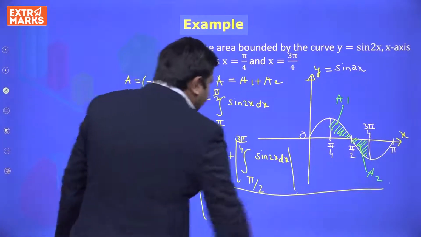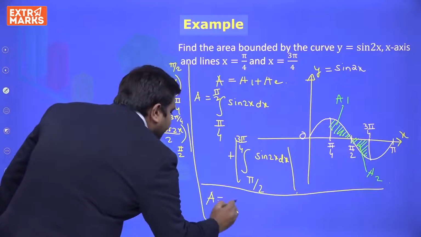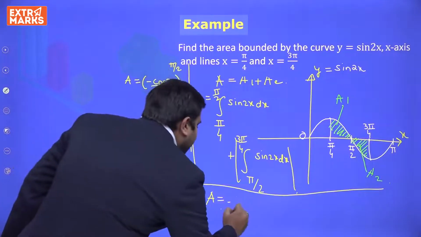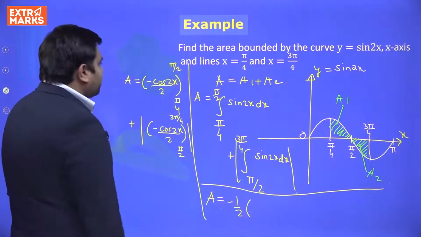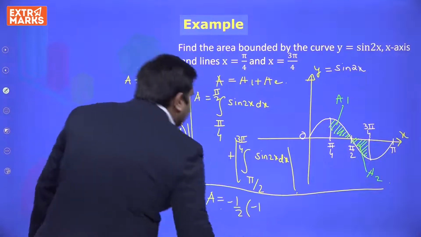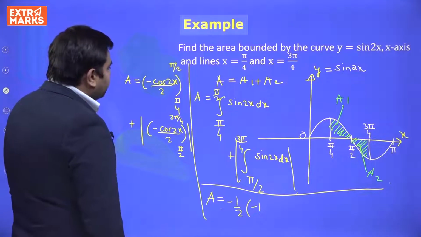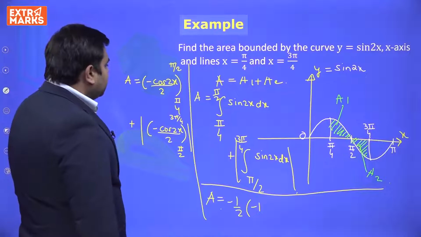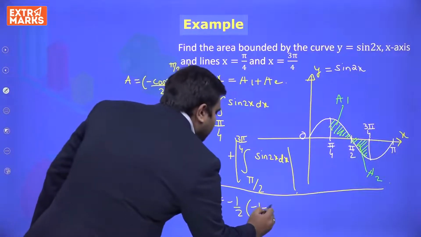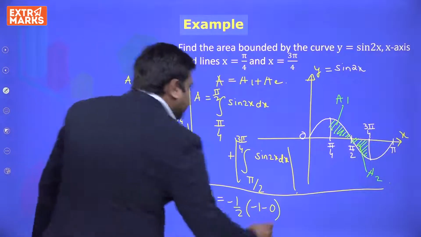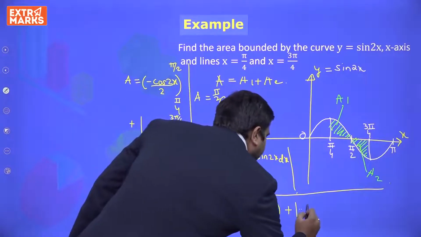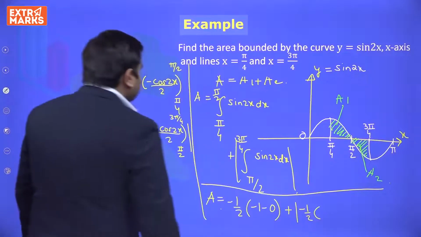Now I hope you can easily obtain this particular area simply by substituting the values, right? So here I would be expressing the final answer. So area is coming out to be minus 1 by 2, cos 2 pi by 2 is cos pi, which is minus 1, and minus cos 2 pi by 4, so this would be 0, right? Plus mod of minus 1 by 2.